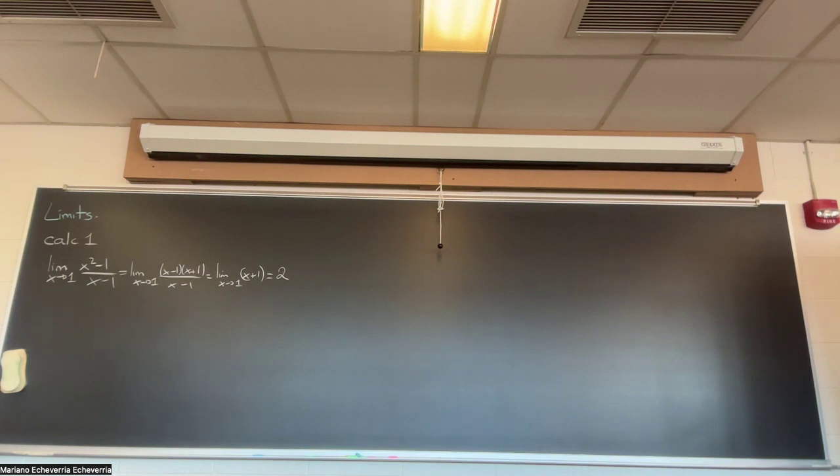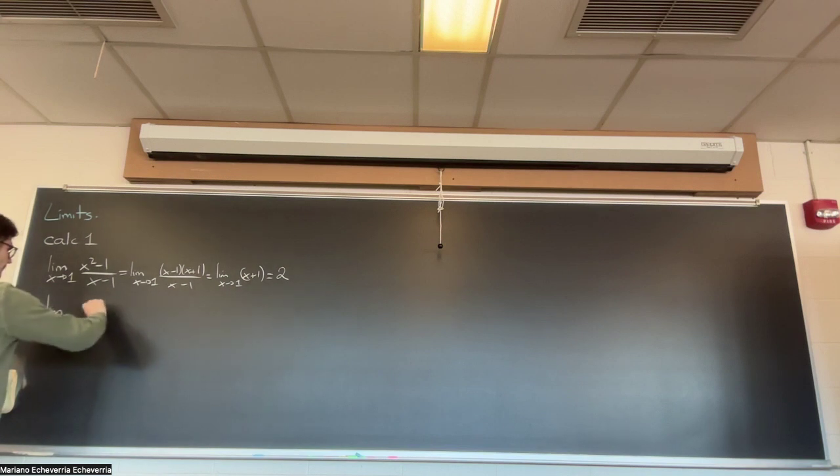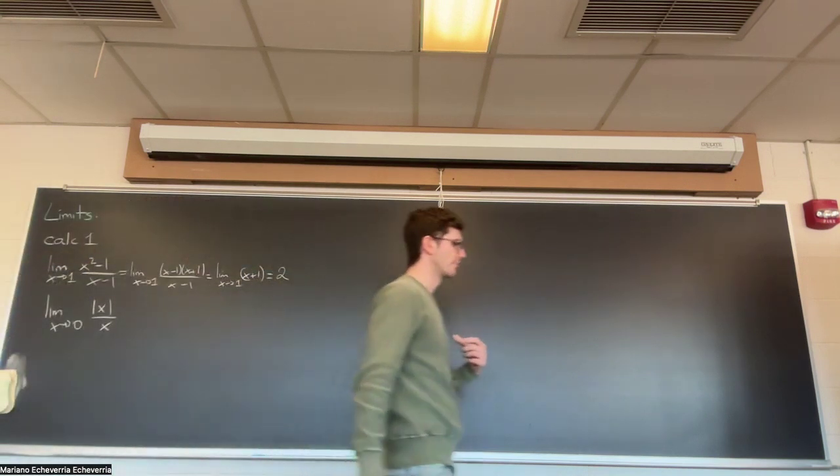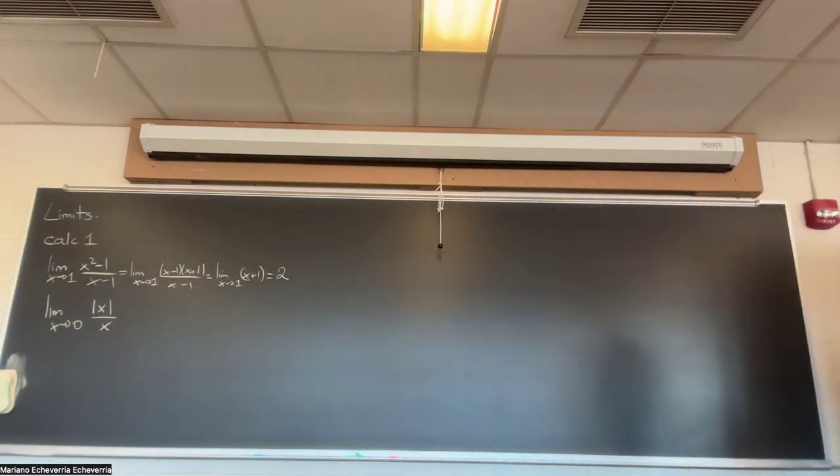Another type of limit that you would have seen is, for example, something like this. Hopefully this looks familiar. You have the limit as x goes to 0 of absolute value of x over x.